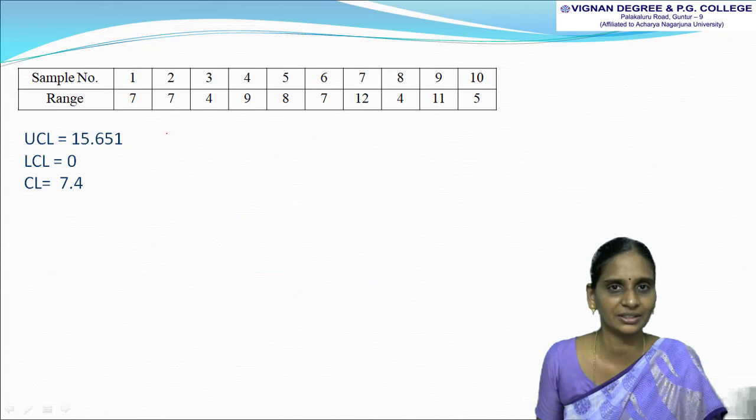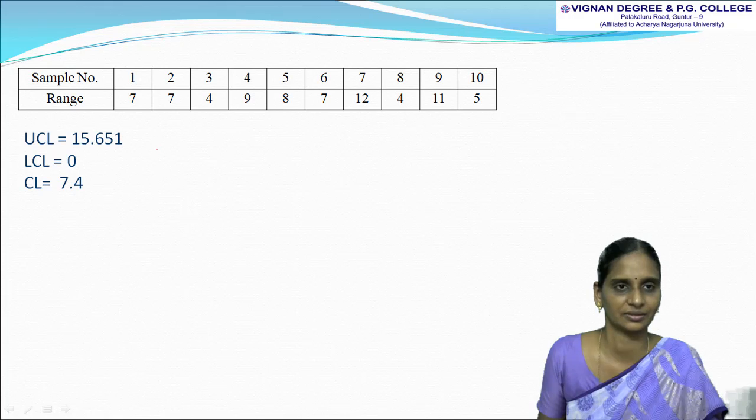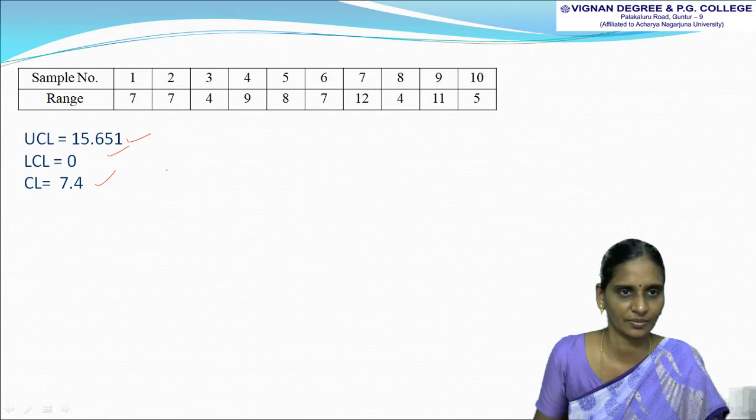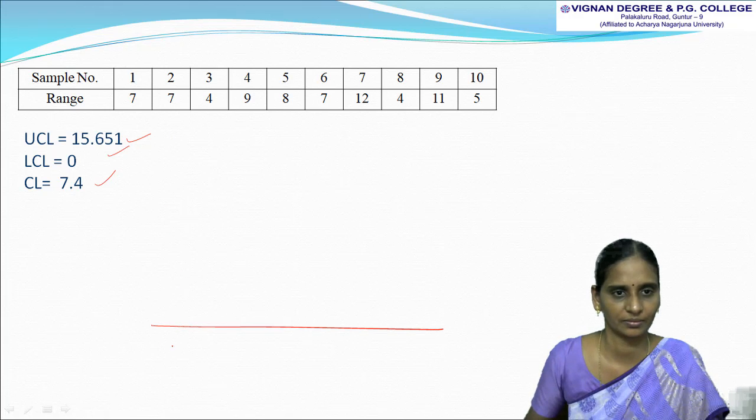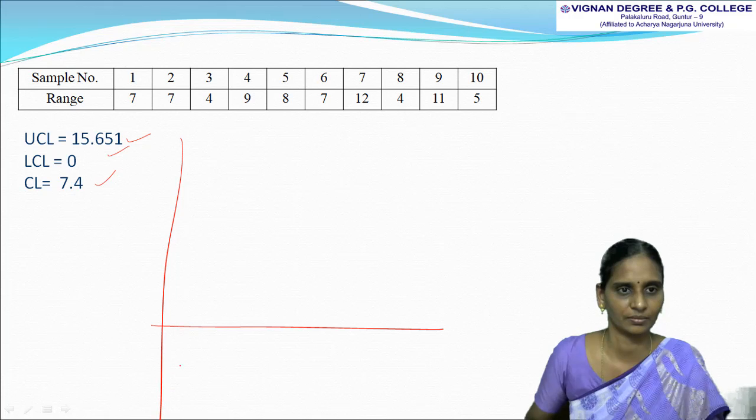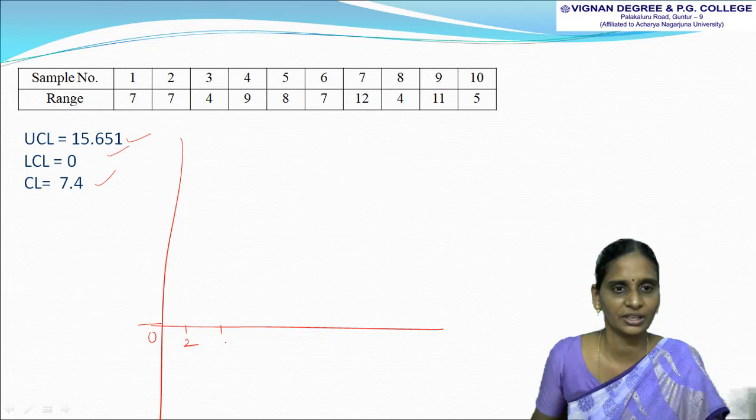Now we have to construct the range chart for these 10 samples and the corresponding range values and the 3 control limits values. So on the x-axis, we have to take the sample number or number of samples.